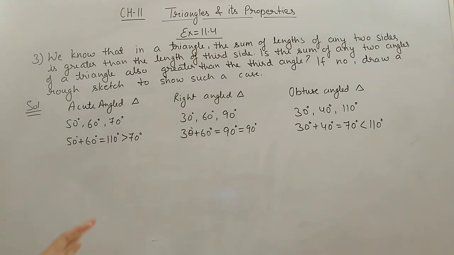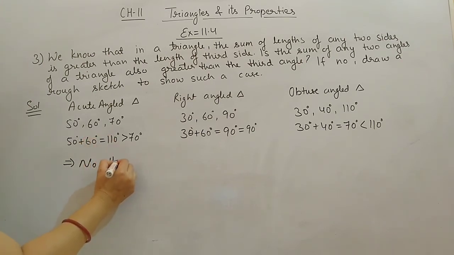So 30 plus 60 is 90, which is equal to the third angle. But in an obtuse angle triangle, you can see 30, 40, 110. So 30 plus 40 is 70, which is less than the third angle. So in the sense of angles, it is not compulsory that the sum of two angles should be greater than the third angle. So here the answer is no.